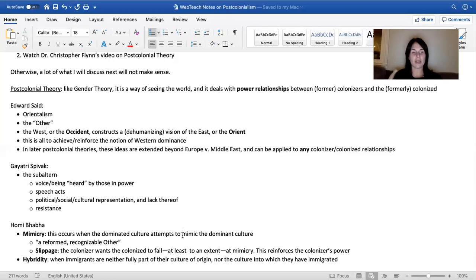And then finally, Bhabha talks about hybridity, especially in terms of the immigrant experience, the diaspora, which is another word. Immigrants or members of the diaspora are not fully part of their culture of origin, nor are they fully immersed into the culture into which they've immigrated.